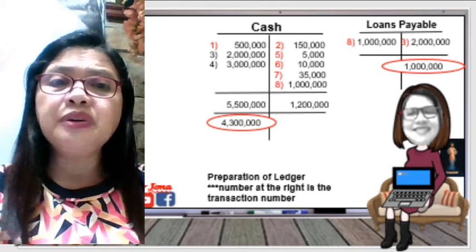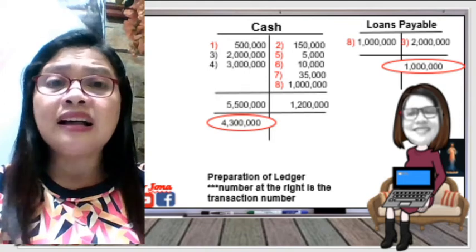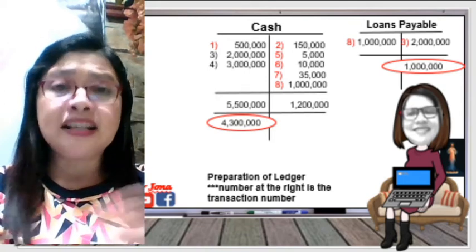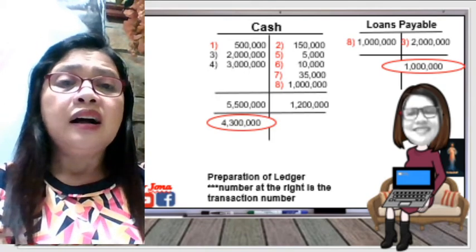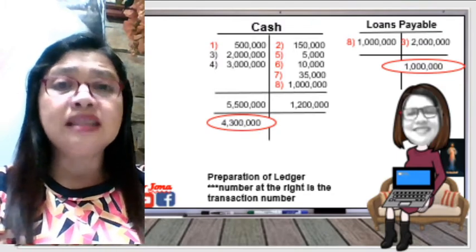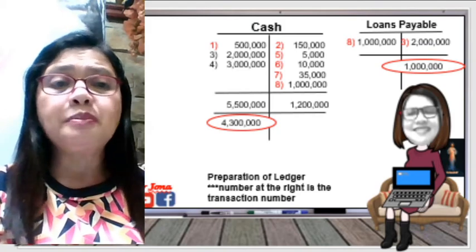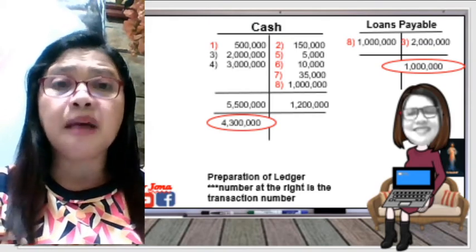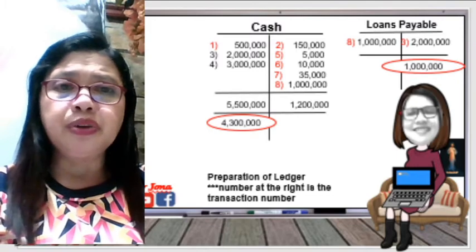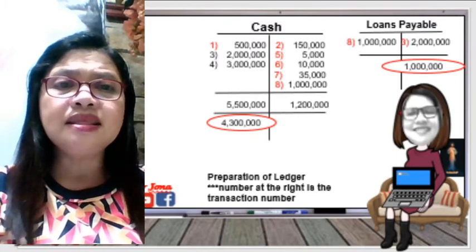And in our transactions, you will notice that the only accounts affected or having many movements are cash and the loans payable. The numbers on the left indicate the transaction number. Opposite the transaction number is the amount involved. So you will notice in cash, transaction number one.